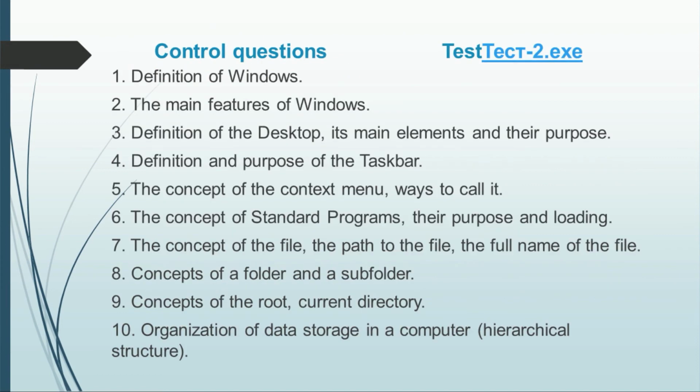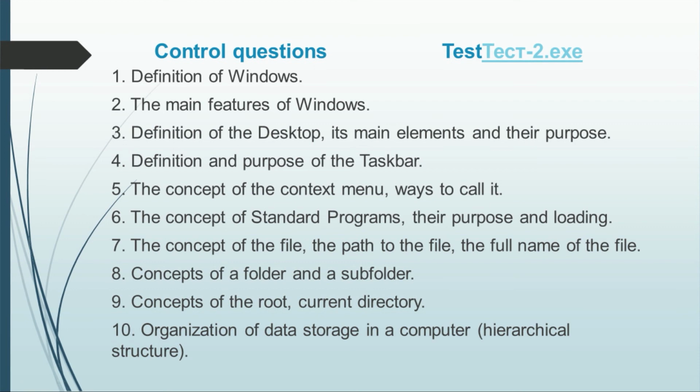Now let's talk about the control questions. You have to read the control questions, try to answer them, and give your answers to your teacher for checking. Now let's look at this test. Let's press the button and see what's going on, but it's not pressing.